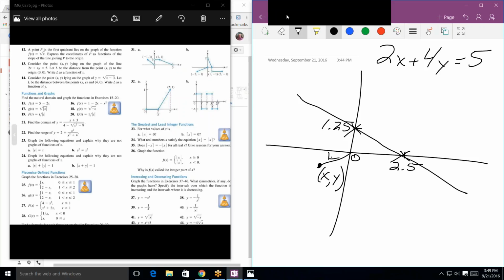Okay, so first of all, what's the distance L? What's the distance formula? x minus x1, which in this case is just x. In other words, if this is x1, and the other point is 0, 0, so it's x squared plus y squared.